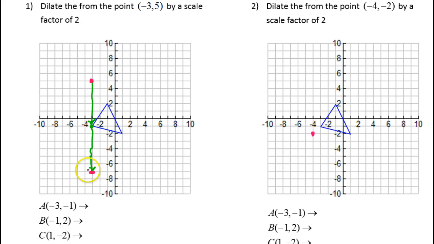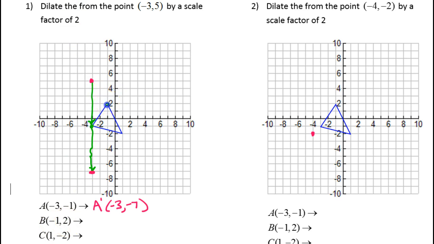So this should be my new point A, A prime. And that A prime is the point -3, -7. So A prime is -3, -7.